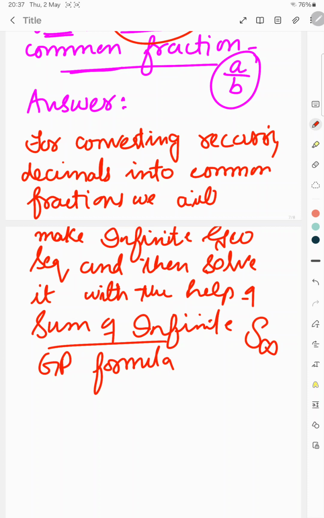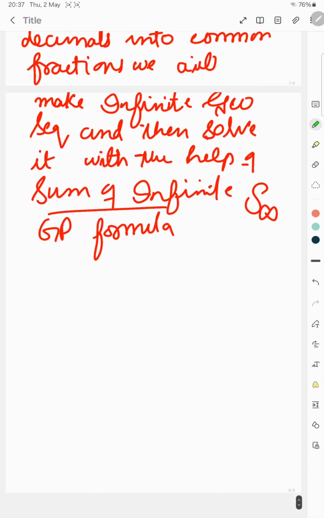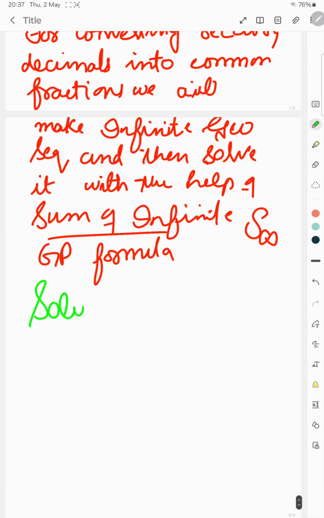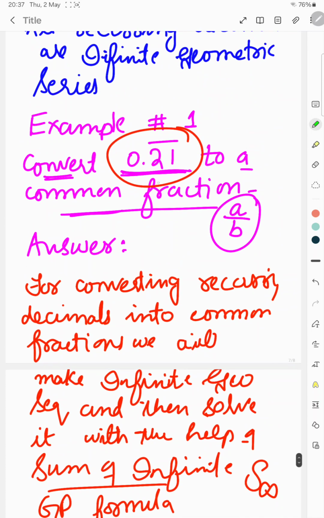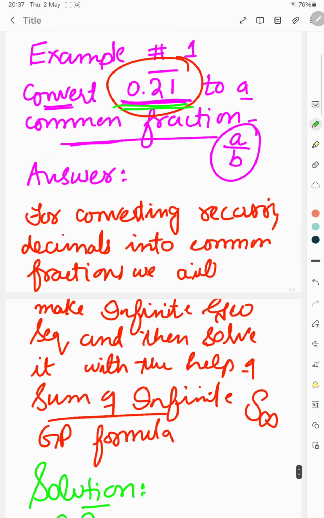So I will start my solution from here. The solution is: what is given to us is this recurring decimal, 0.21 bar, and they asked us to convert this into a common fraction.